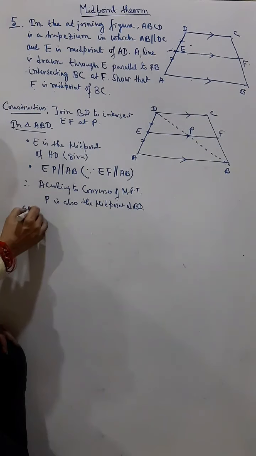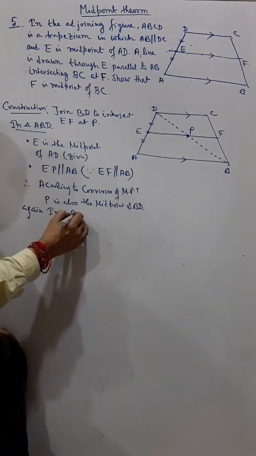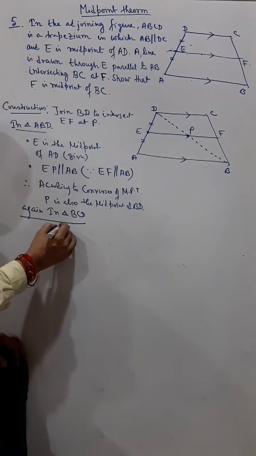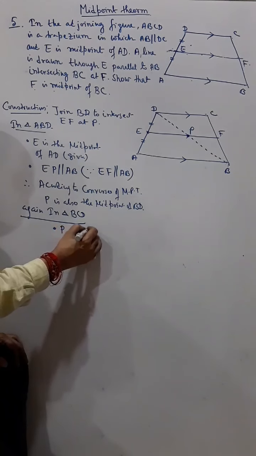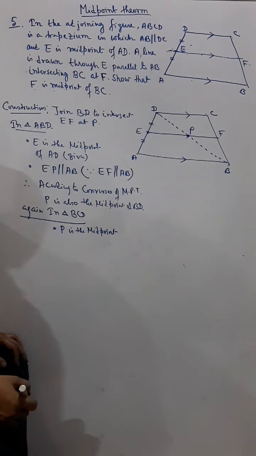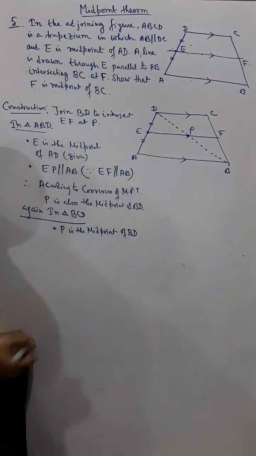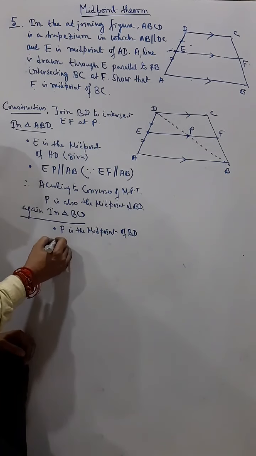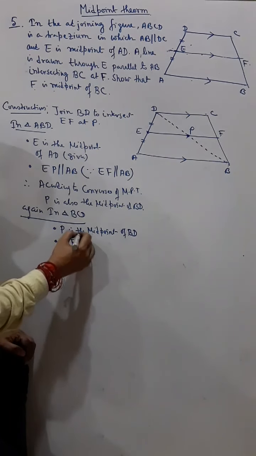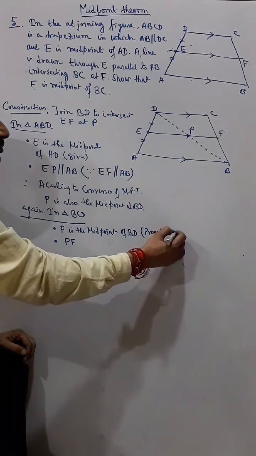Okay, now again in triangle BCD, the first thing here we can say is that P is the midpoint of BD, just as we have proved above.